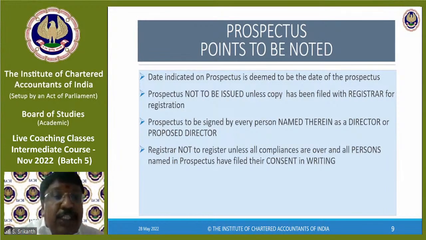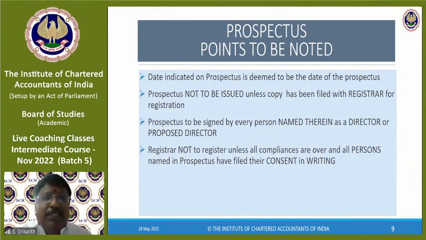The prospectus is to be signed by every person named therein as a director or proposed director. For example, Mr. A is not a director today. Mr. Shah Rukh Khan will be a director of this company. We are so impressed. If Shah Rukh Khan is a director of the company, I'm eager to invest in that company.